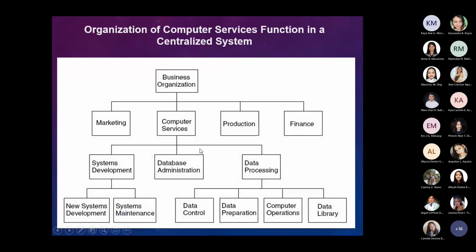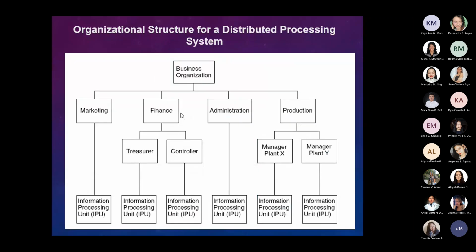Pag centralized, lahat ng processes na yan, from systems development, database administration, data processing, nasa isang computer services department. Pero pag decentralized or yung tinatawag nating distributed processing, each department ay may kanya-kanyang information processing unit.